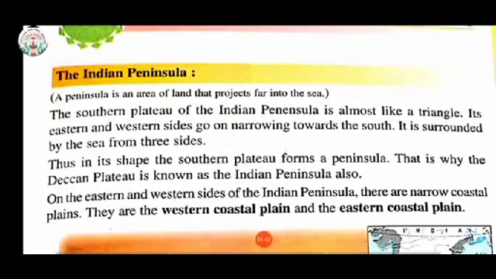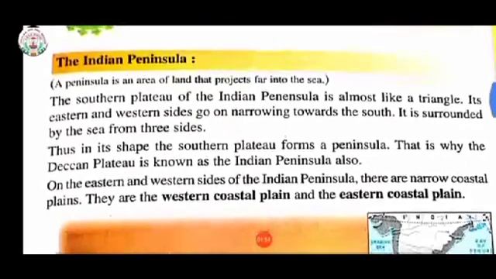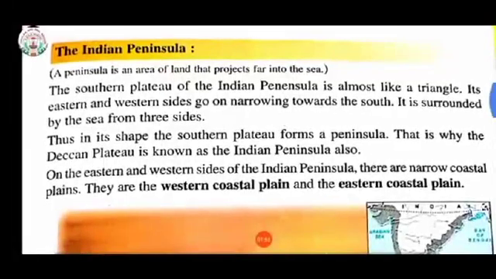It is surrounded by the sea from three sides. Thus, in its shape, the southern plateau forms a peninsula. That is why the Deccan Plateau is known as the Indian Peninsula also. So, a peninsula is an area of land that projects far into the sea, meaning an area of land covered with sea from three sides.